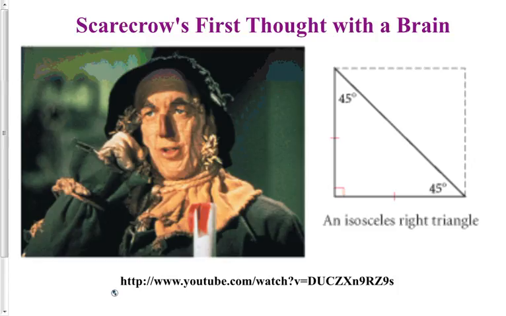So, unfortunately, the wizard did the Scarecrow a disservice, unless his intention was to show the Scarecrow that handing him a diploma made him no more intelligent than he already was.